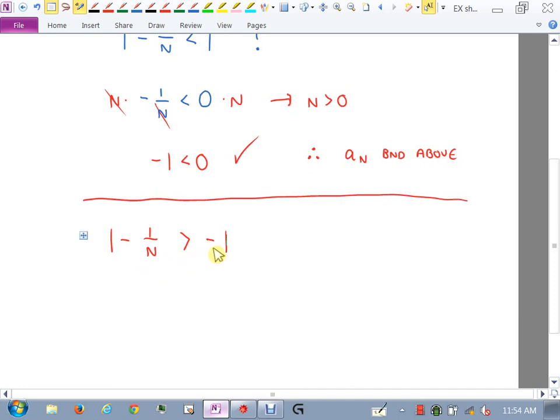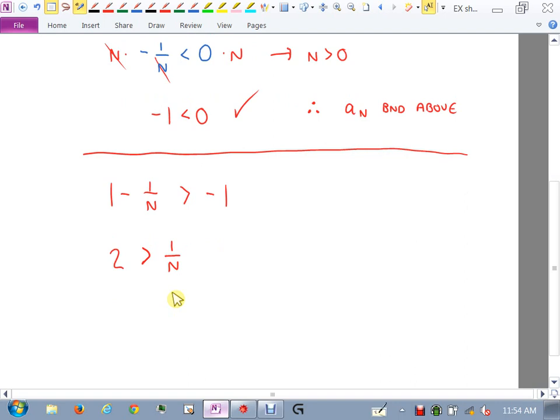So what I'm going to do is work with this inequality. I'm going to add 1 to both sides, and I'm going to add 1 over n to both sides. By adding 1 on each side, I get a 2. By adding 1 over n on each side, I don't have to worry about flipping inequalities because I'm adding. I get this. Is that true?